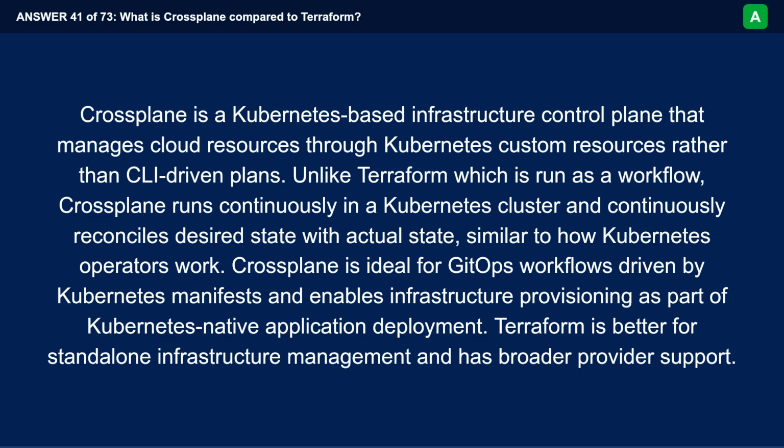Crossplane is ideal for GitOps workflows driven by Kubernetes manifests and enables infrastructure provisioning as part of Kubernetes-native application deployment. Terraform is better for standalone infrastructure management and has broader provider support.